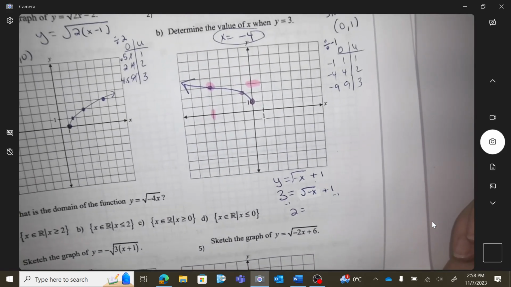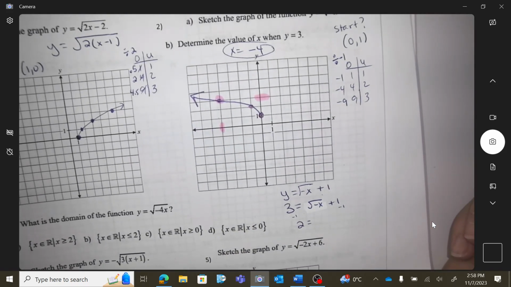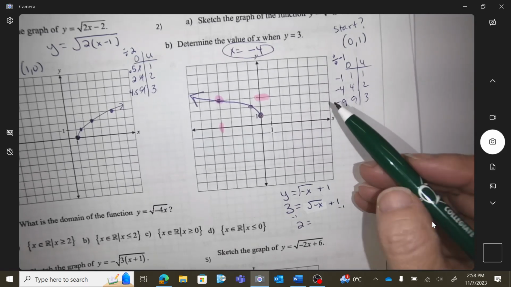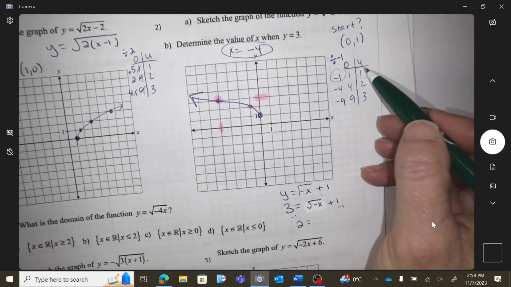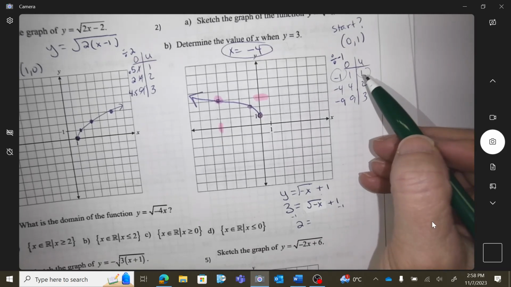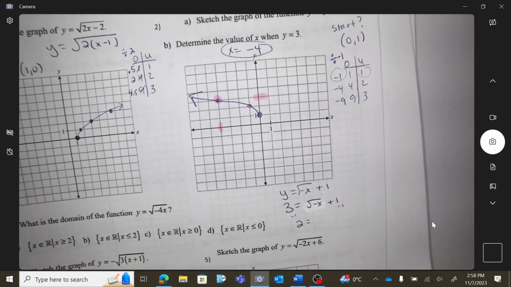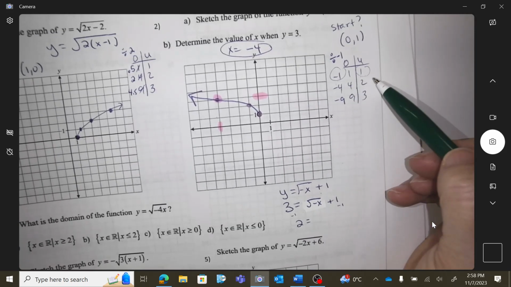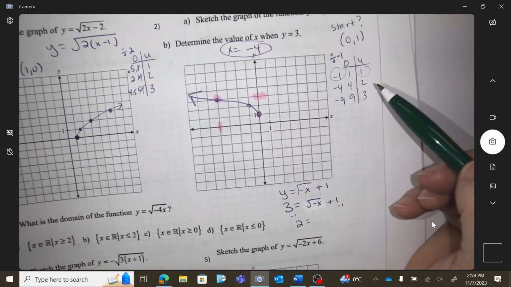On the graph, if you put 0, 1 and negative 1 on one side, aren't they right beside each other? This isn't a coordinate. That's not correct. This is a movement. So move left 1 and up 1 to get to the next coordinate. Does that make sense if I say that? It's not a coordinate, negative 1, 1. It's a movement.